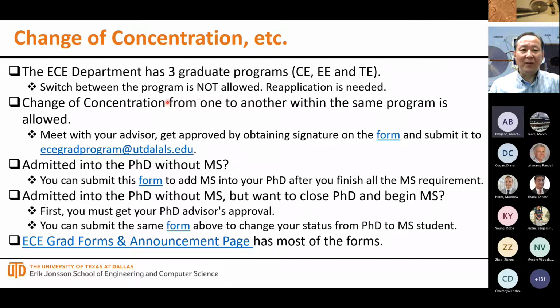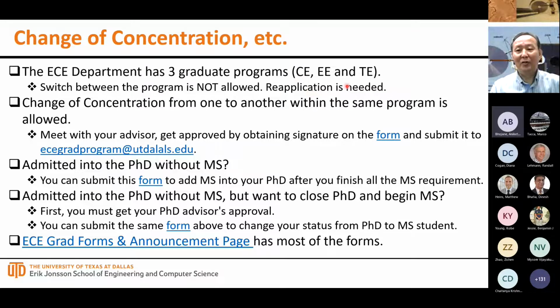One of the questions that we often receive is about change of concentration. The ECE department has 3 graduate programs, like I said: computer engineering, electrical engineering, and telecommunication engineering. Switching between these programs is not allowed. You need to apply for each program if you really want to change.